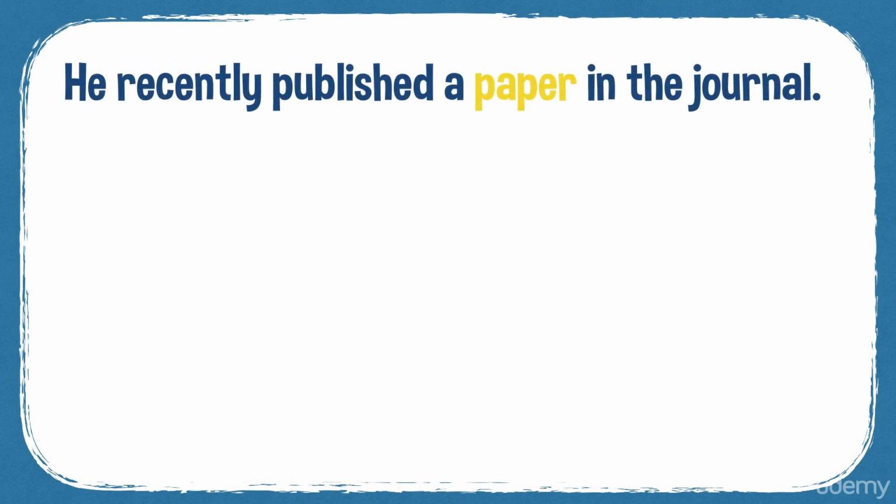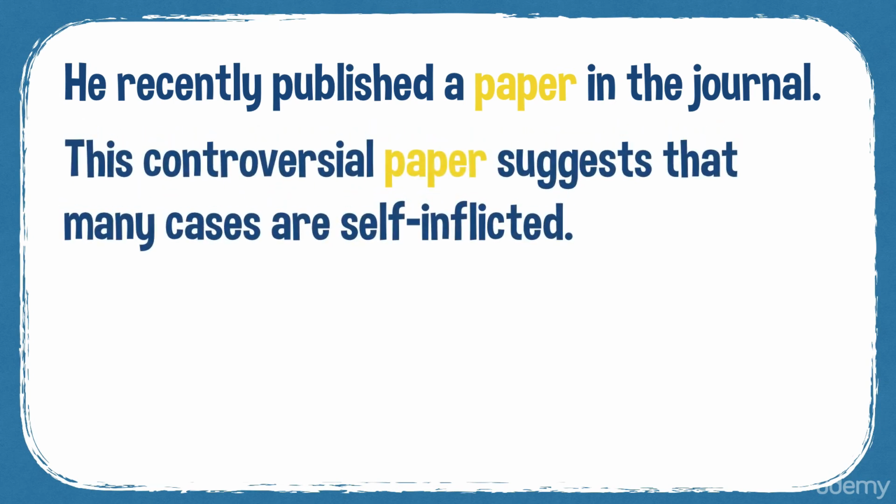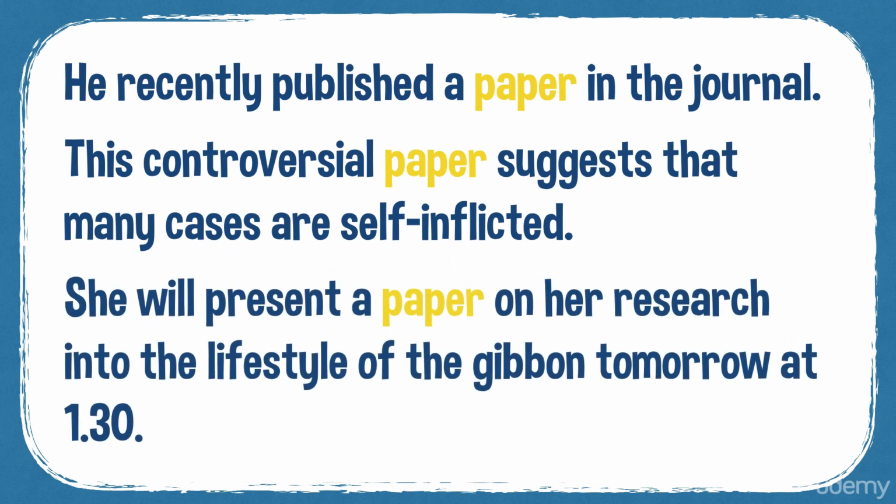So he recently published a paper in the journal. This controversial paper suggests that many cases are self-inflicted, and she will present a paper on her research into the lifestyle of the gibbon tomorrow at 1:30.